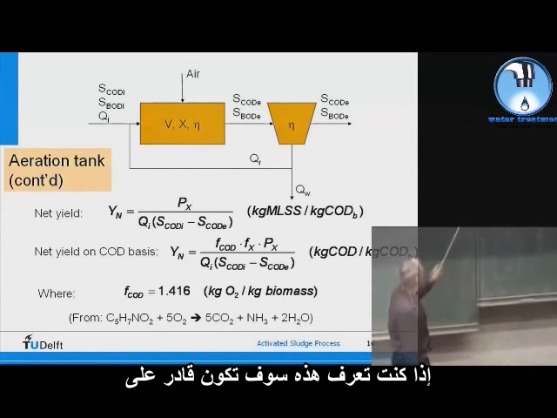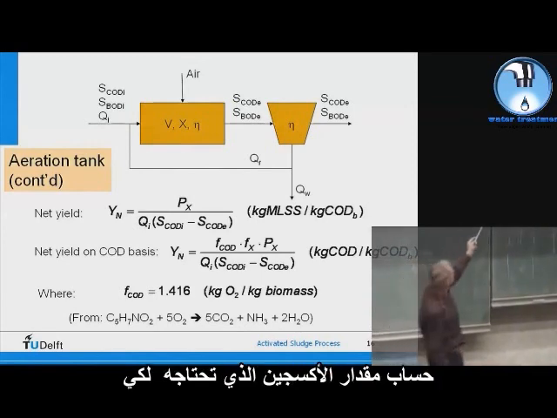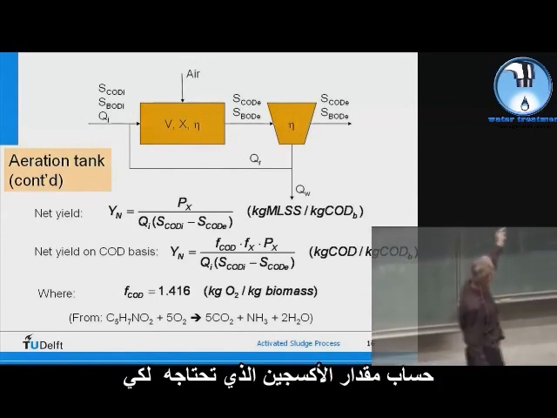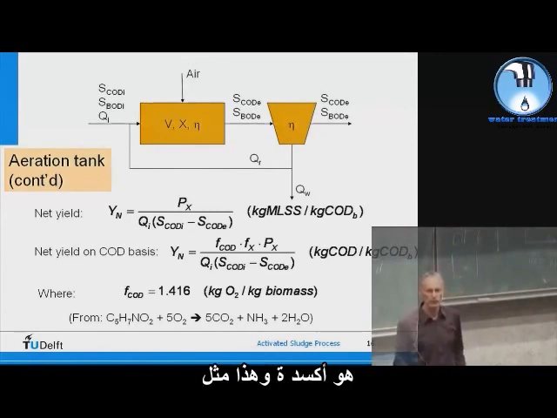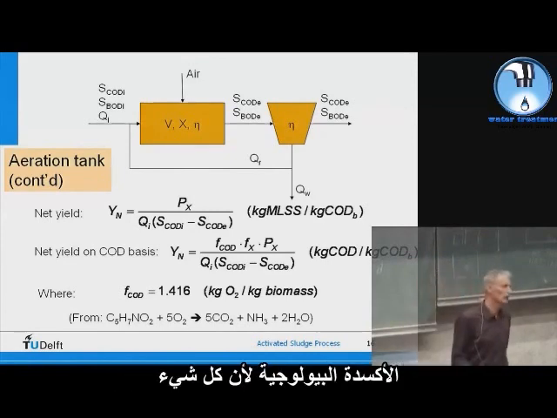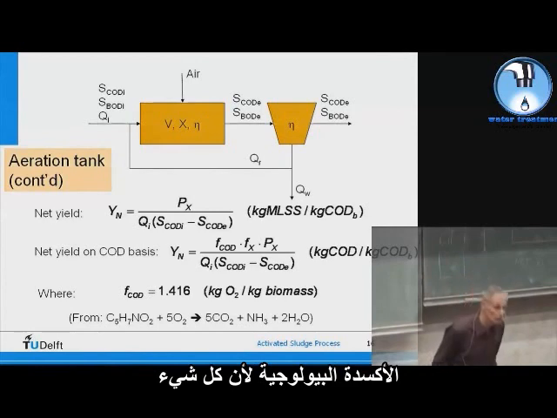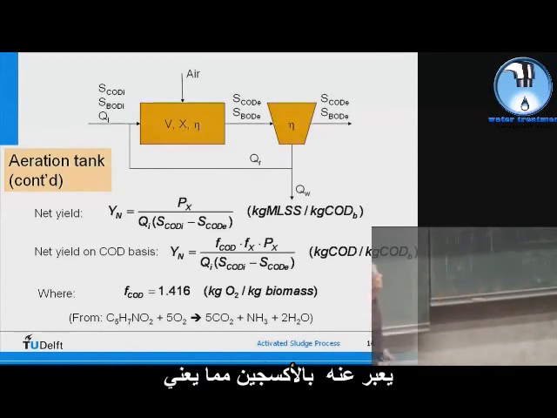If you know this, you will be able to calculate how much oxygen you need to burn a kilogram of biomass. And burning, that's oxidizing, and that's the same as biological oxidation, because it's all expressed in terms of oxygen.